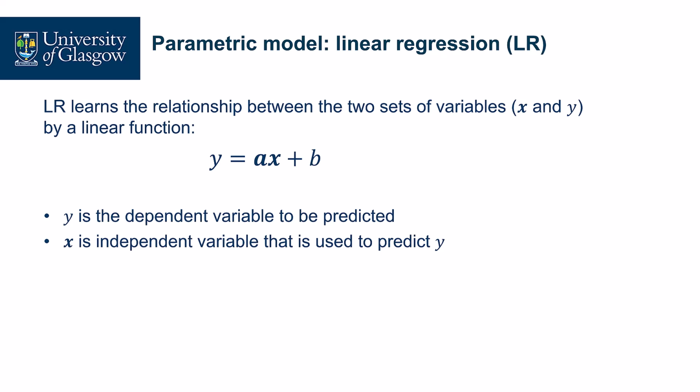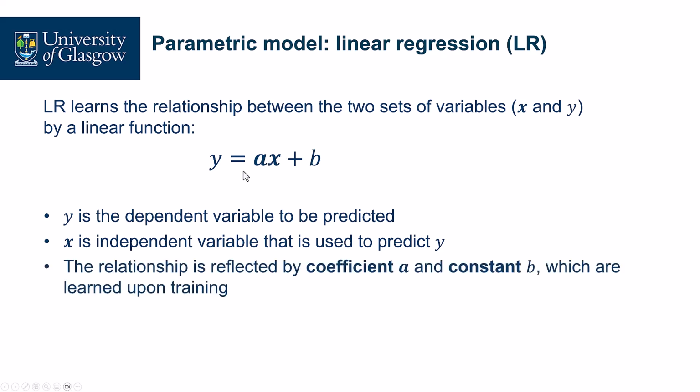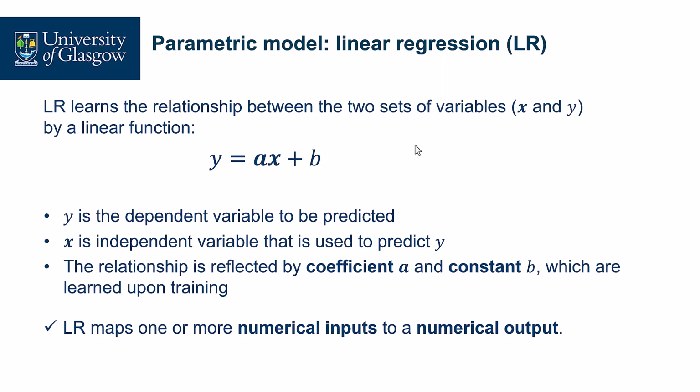The inputs and outputs follow a linear relation, and we can describe it like this: y equals a multiplied by x plus b. The coefficient a and the intercept b are the learning outcome. After training this model, we want to find the optimal a and b to make the fitting the best. In summary, in linear regression, we match one or more numerical inputs to a numerical output.